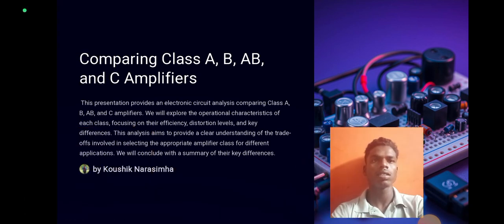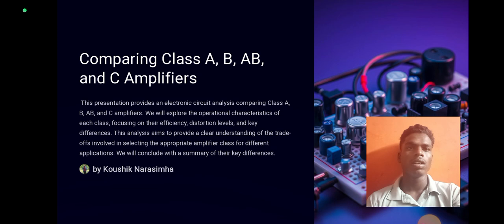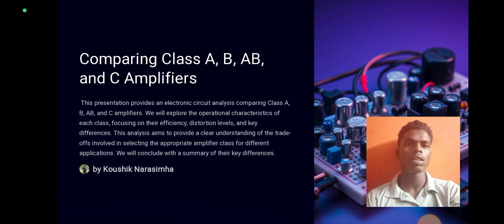Comparison of class A, B, AB and C amplifiers. This presentation provides an electronic circuit analysis comparing class A, B, AB and C amplifiers. We will explore the operational characteristics of each class, focusing on the efficiency, distortion levels, and key differences.